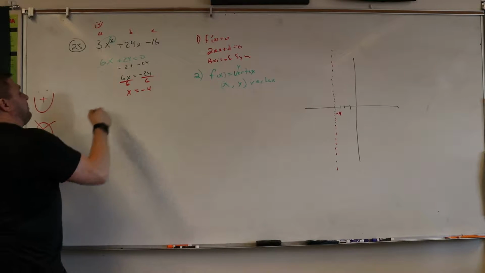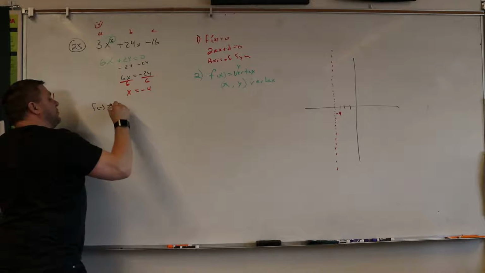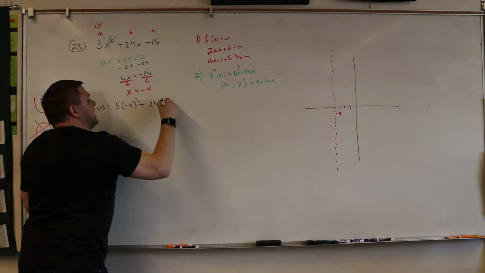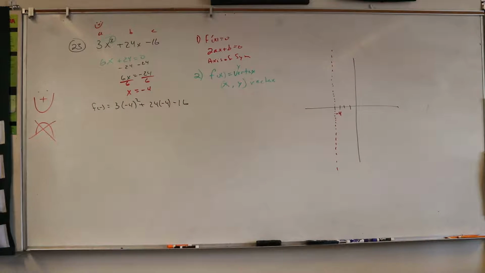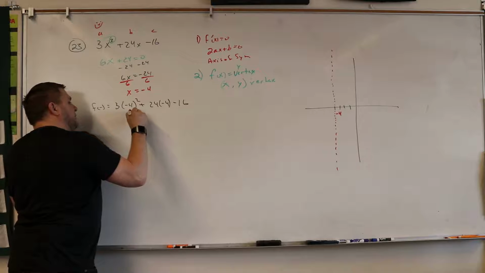So what I do is I plug this in. F of negative 4 equals 3 times negative 4 squared plus 24 times negative 4 minus 16. What's negative 4 squared? That's 16.